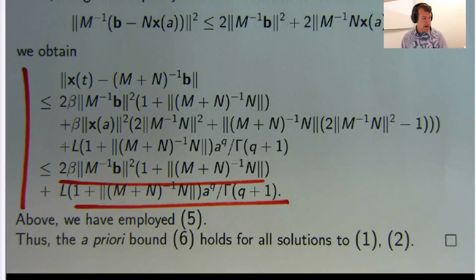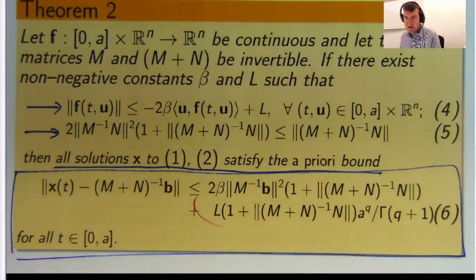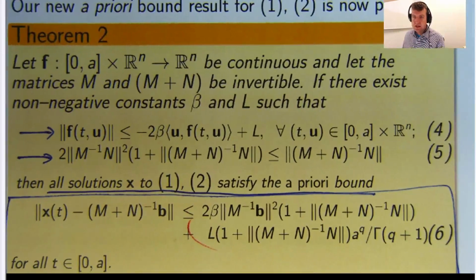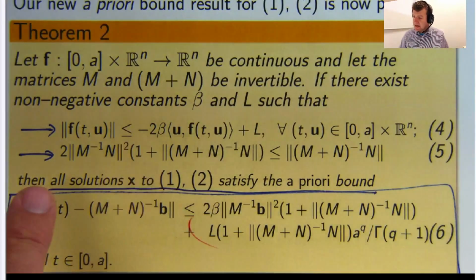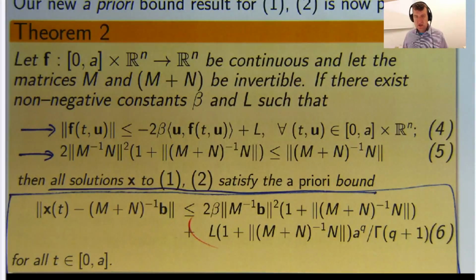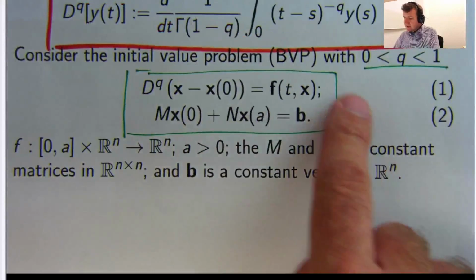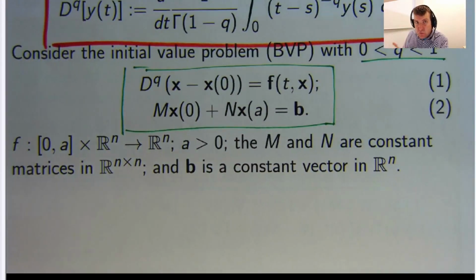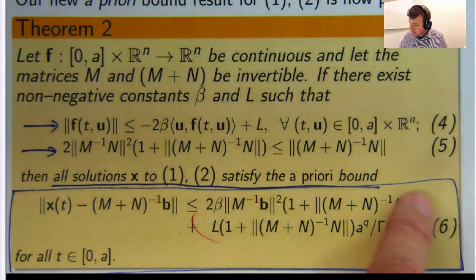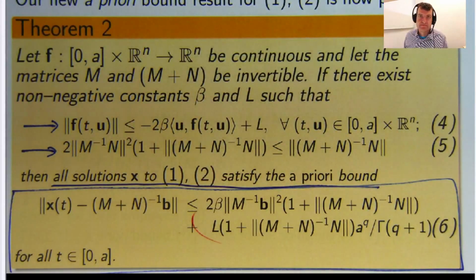Now once you have a result like Theorem 2, the existence of solutions to the original problem follows pretty simply. So under the conditions of Theorem 2, I can go a little bit further. I can say not only is there an a priori bound, but it turns out that 1 and 2 has at least one solution, and it lies in this zone here.